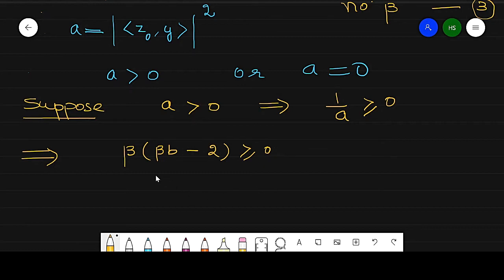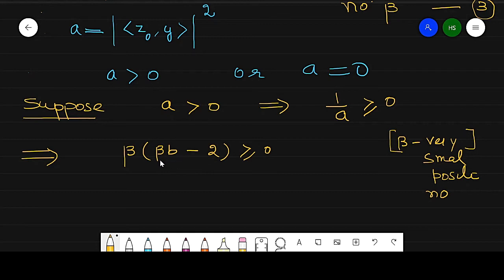This condition should be true for every beta. Beta is some real number. Now this condition is not true for every beta. Why? Because if I take beta as a very small positive number, then this product should be less than 1.